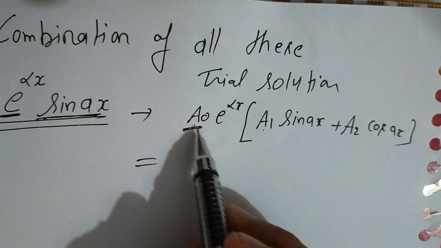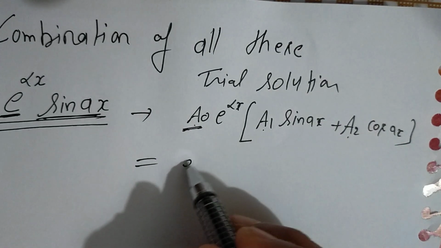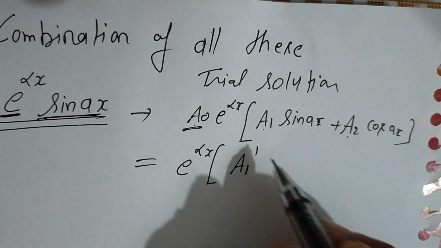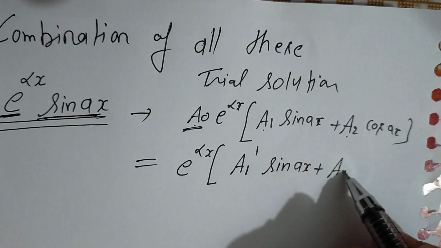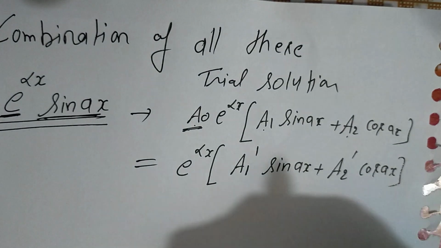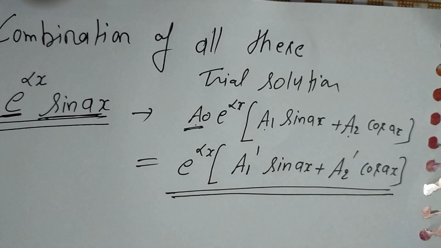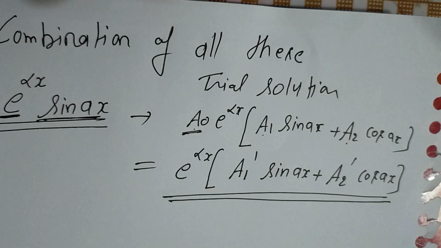If you multiply this a0 with a2, one new constant will come. So we can have e power alpha x and a1 dash sin ax plus a2 dash cos ax. So this is the trial solution for combination of exponential and trigonometry function.